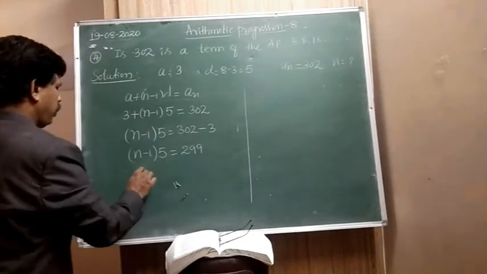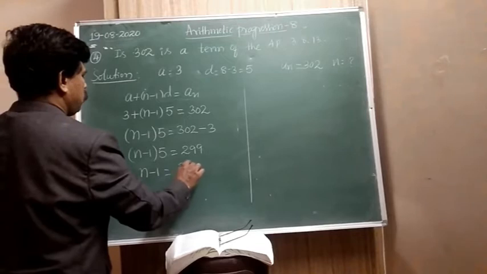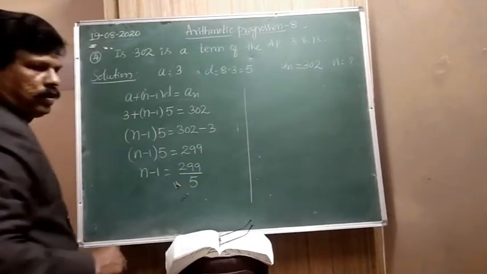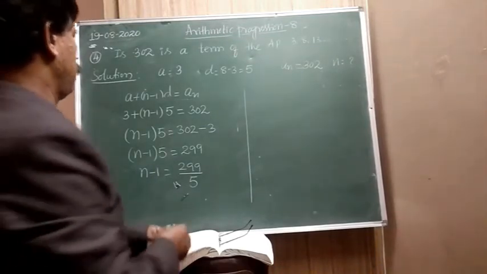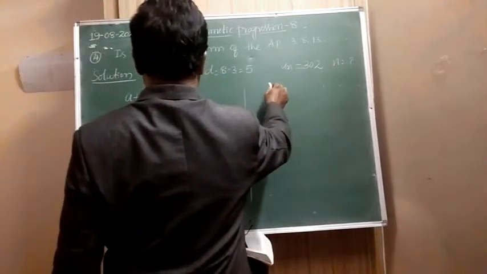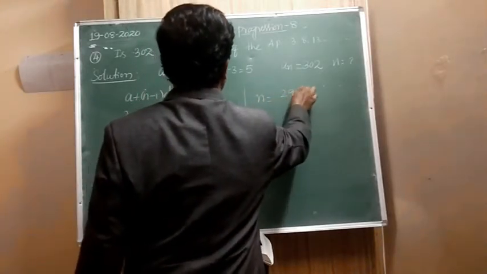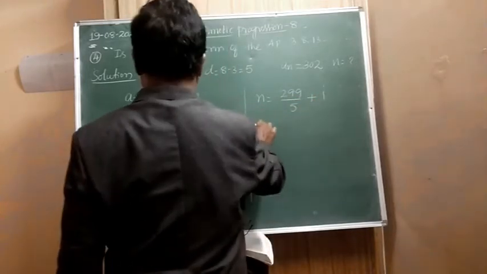Then n minus 1 is equal to 299 by 5. Right. Then n is equal to 299 by 5 plus 1.